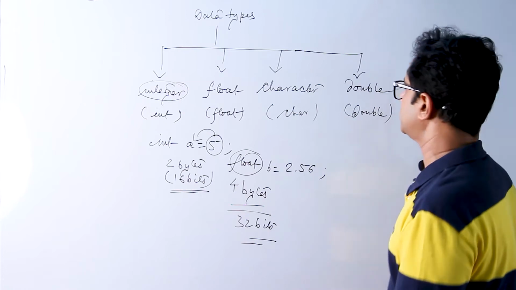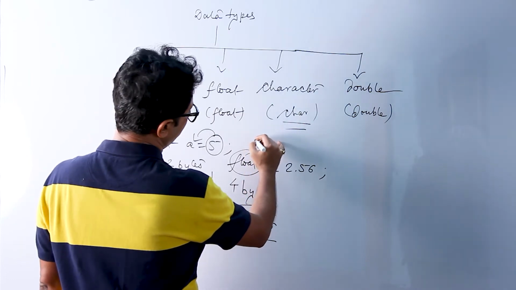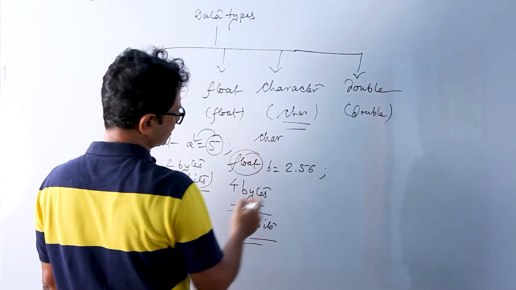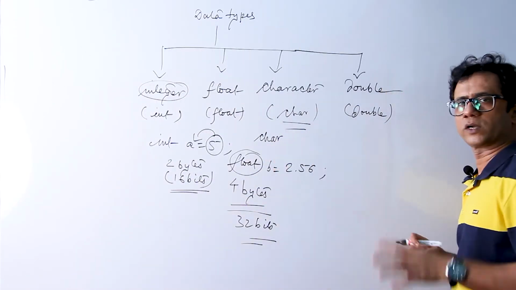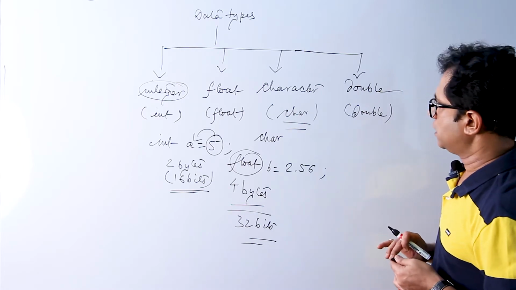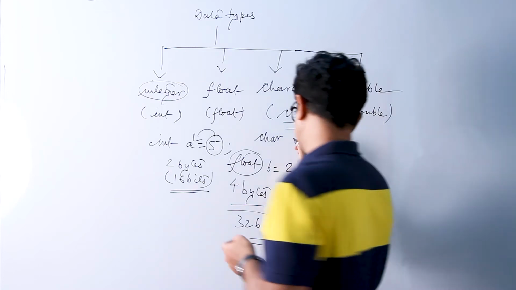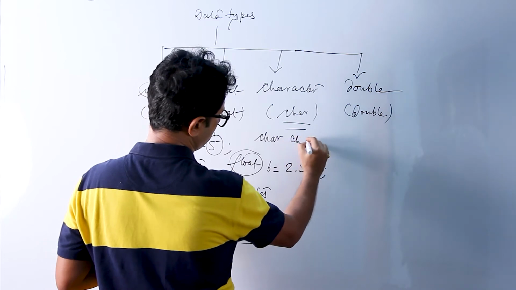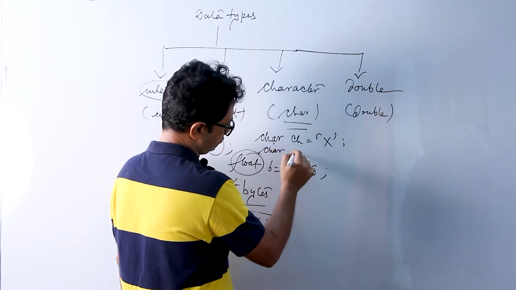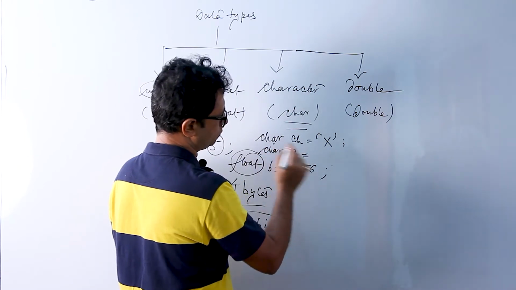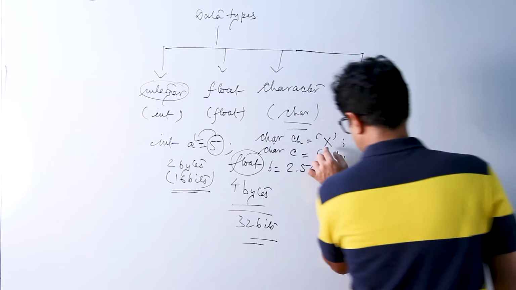Then comes the character data type, which can be written in this manner. If we define a character variable, I have to assign a character constant to it. We cannot assign anything other than characters to a character data type variable. For example, char ch = 'X', or char c = '2'.